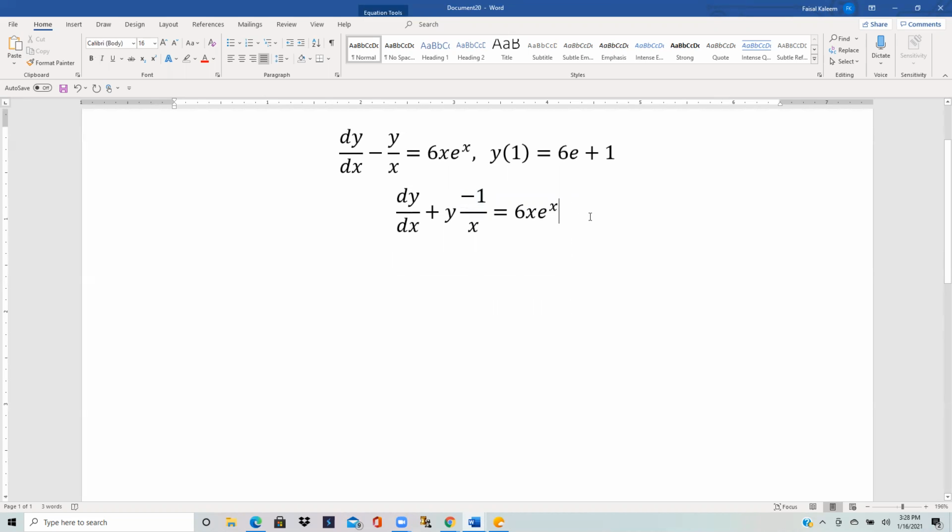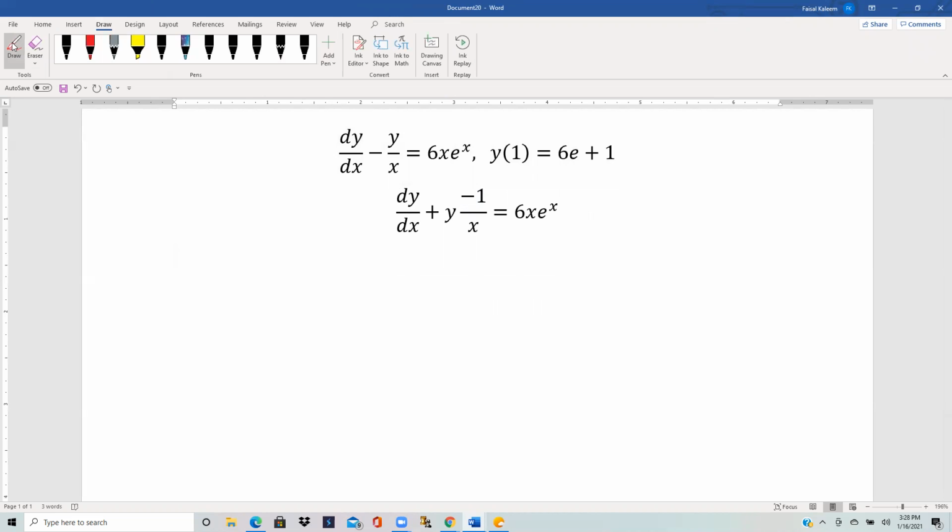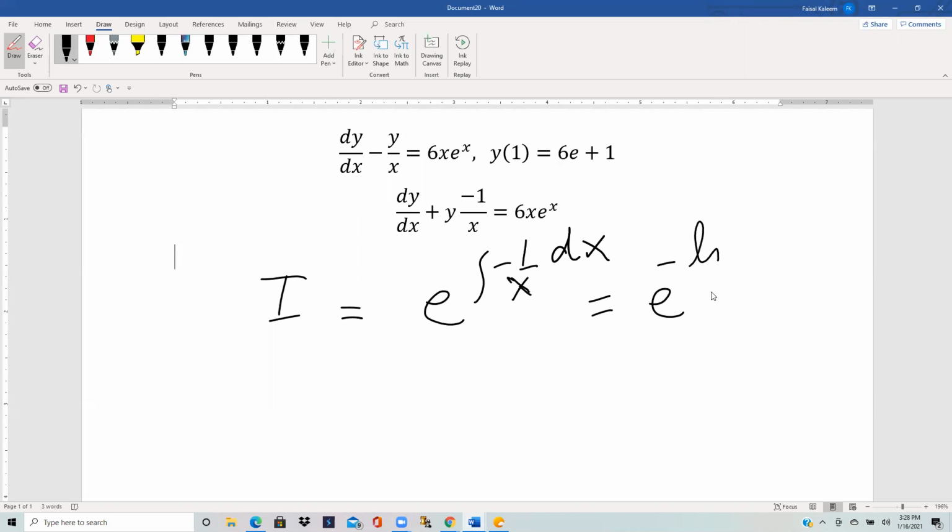And you know that the integrating factor I is equal to e power integral of this function of x on the left side, the one that comes with the y, and that will be e power negative ln x equals e power ln x power negative 1.